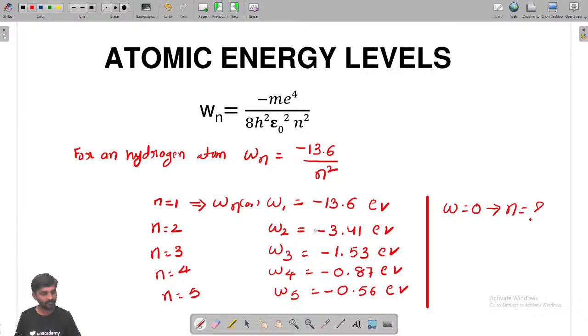Can somebody answer the question? For what value of n does the energy become 0? From minus 2, it is increasing, sir. So, what happens, sir? Slowly the energy is increasing. To make W equal to 0, what should be the value of n?